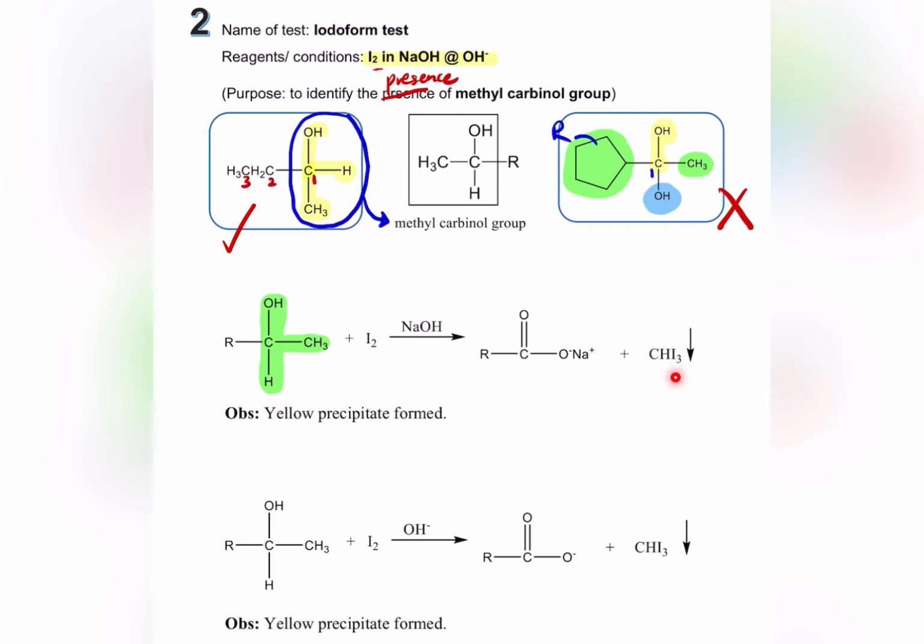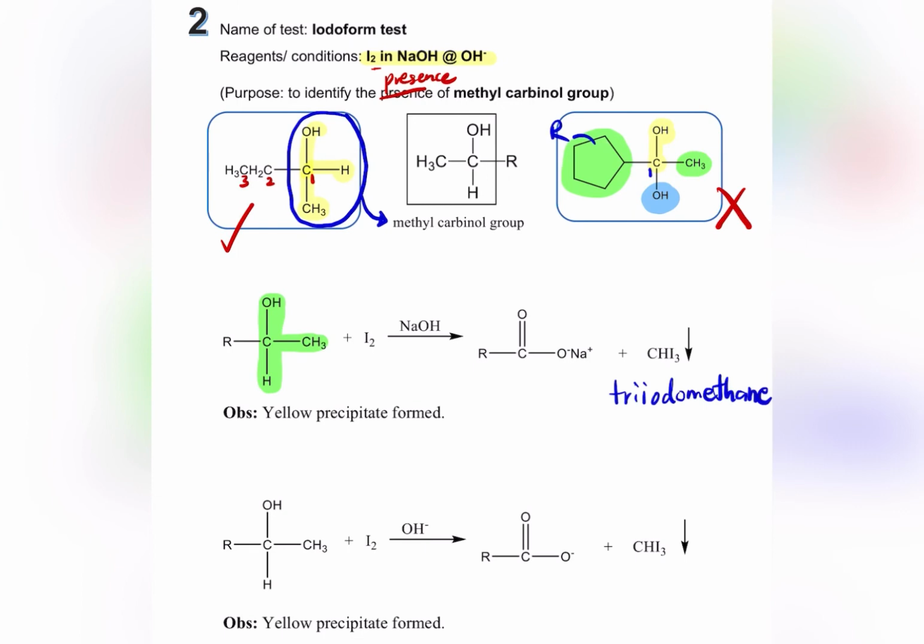This is the precipitate, and it is what we call triiodomethane, because you have 3 iodo attached to one carbon, methane. This triiodomethane is what indicates the observation, which is a yellow precipitate forming. So this is what will happen for your positive result of the iodoform test.